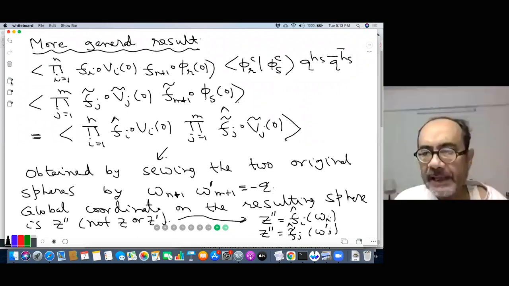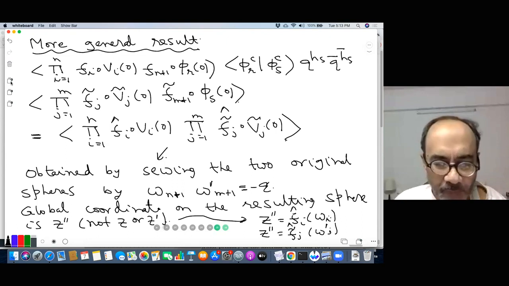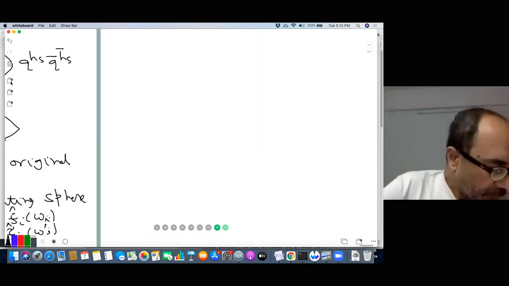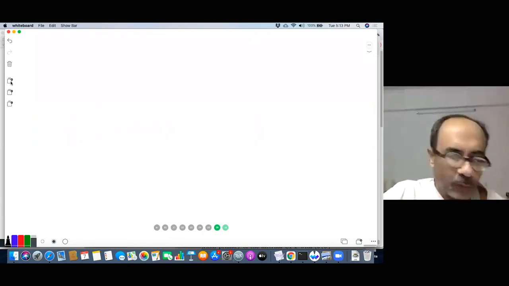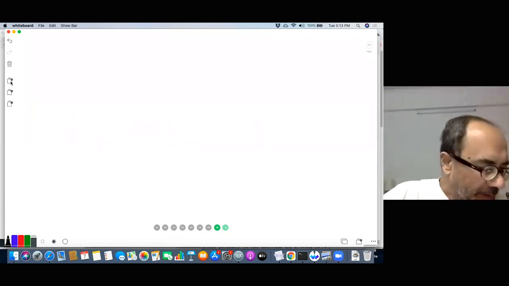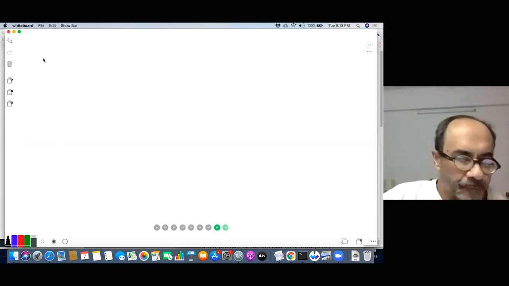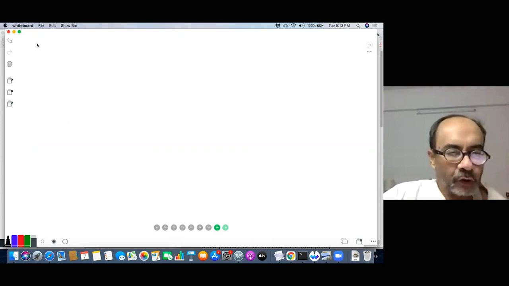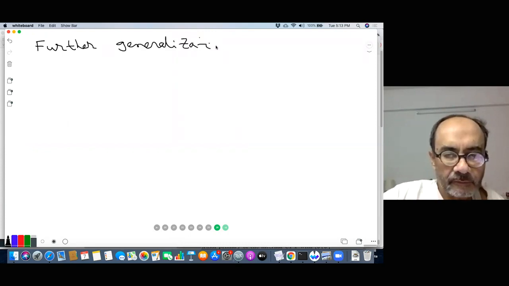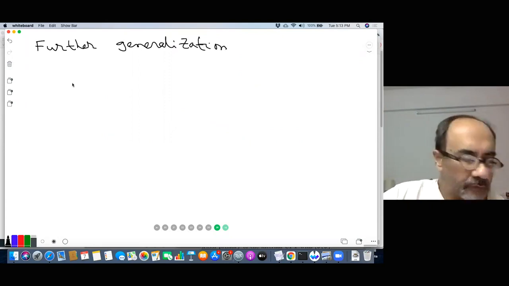Now let me say one last thing, and I'll elaborate on this next time. You have of course learned how to calculate sphere correlation functions anyway, so we don't need to use all this machinery to compute higher point functions in terms of lower point functions. But we are going to generalize. Suppose you had this.